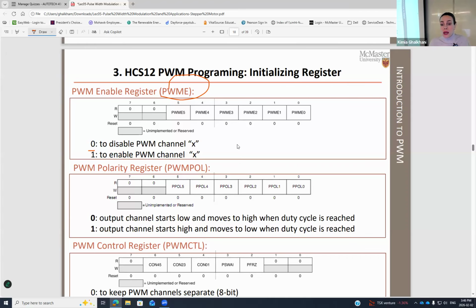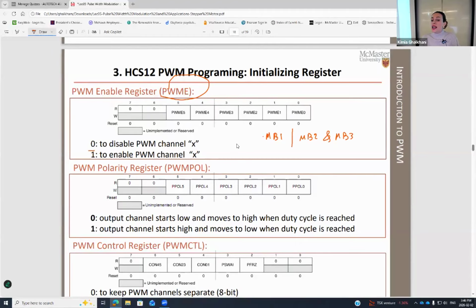But there are situations where you can mask, for example, I'm going to say MB1 means mask bit 1, and then say OR mask bit 2 and mask bit 3. So you can add an OR in between the mask commands, but you can never say mask, for example, PWM E bit 1 and 2.